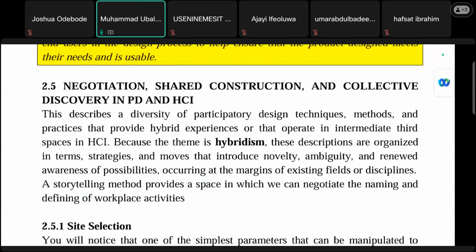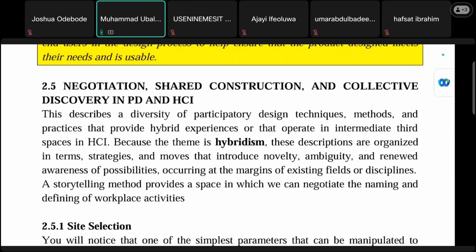Now, this describes a diversity of participatory design techniques, methods, and practices that provide hybrid experiences or that operate in the intermediate third space in human-computer interaction. Because the theme is hybridism, these descriptions are organized in terms, strategies, and moves that introduce novelty, ambiguity, and renewed awareness of possibilities occurring at the margins of existing fields or disciplines.